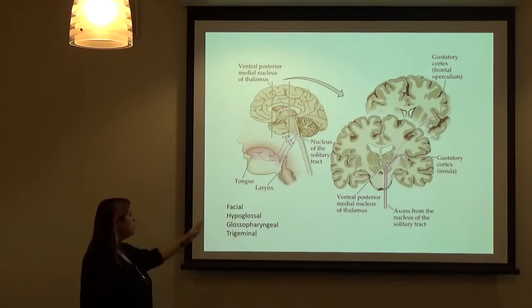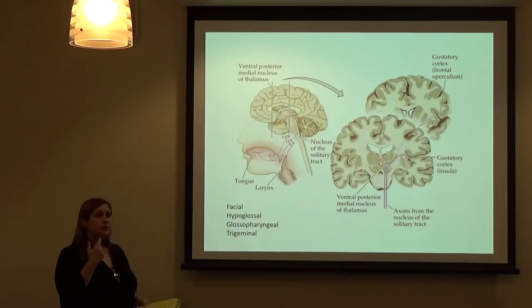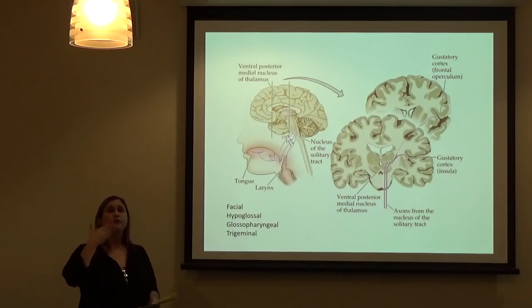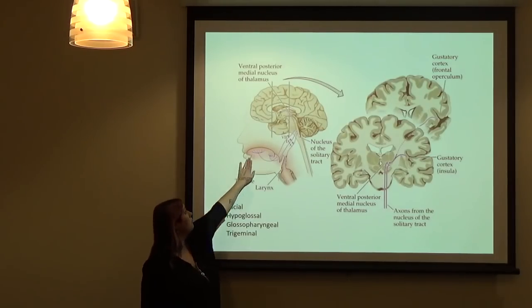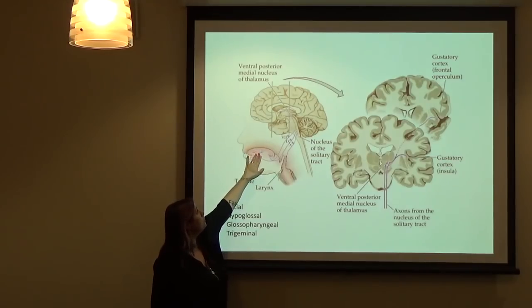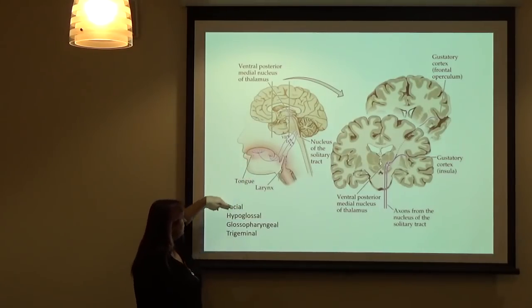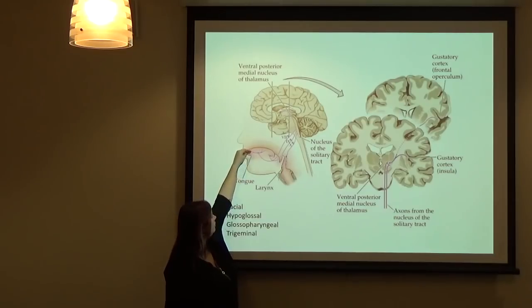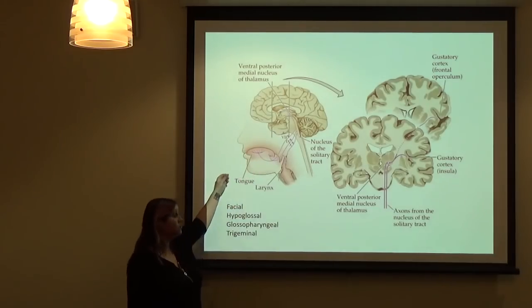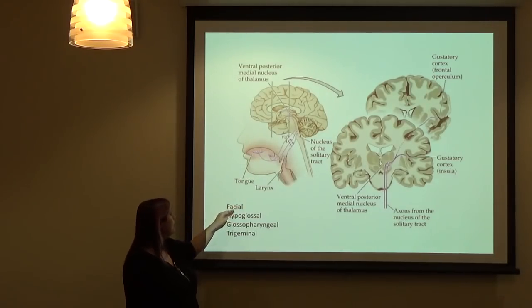So your facial nerve receives information from the front 2/3 of your tongue, okay? The taste receptor cells in the front 2/3 of your tongue synapse onto a gustatory nerve so that you can taste. And for the front 2/3 of your tongue, that's the facial nerve.